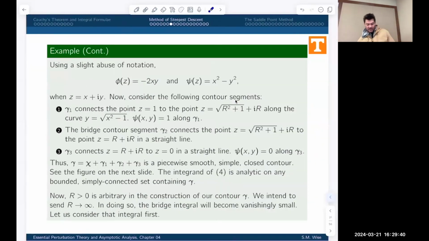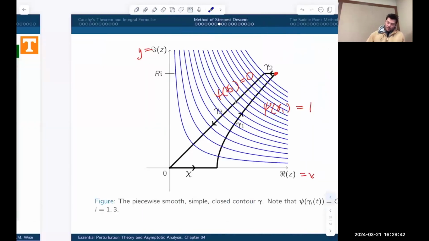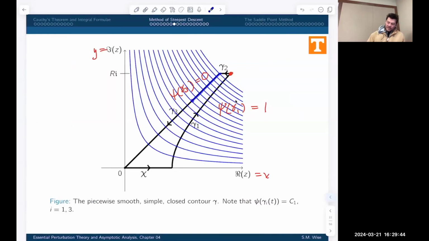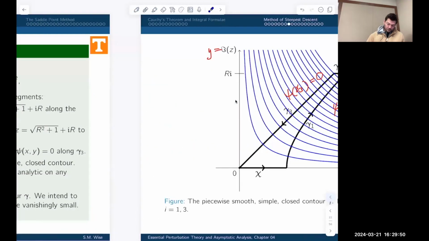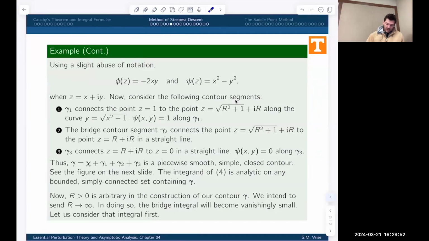And the reason why we have to do that is because we have this second contour or this third contour which has the important requirements that we're looking for. So let's get to that. Gamma 3 connects z equals r plus IR to z equals 0 in a straight line shot. And on that contour, we know that psi is going to be equal to 0.